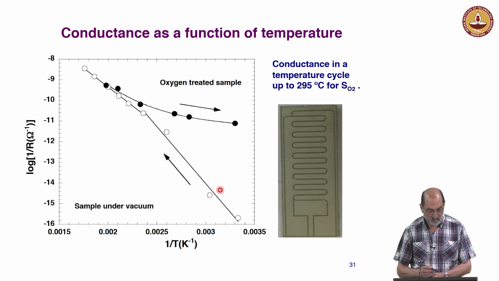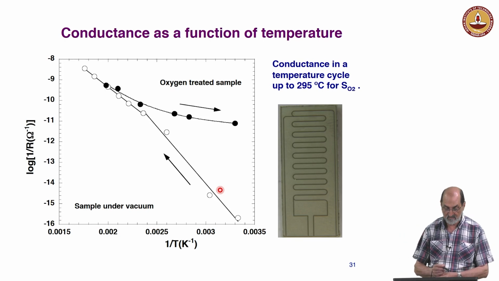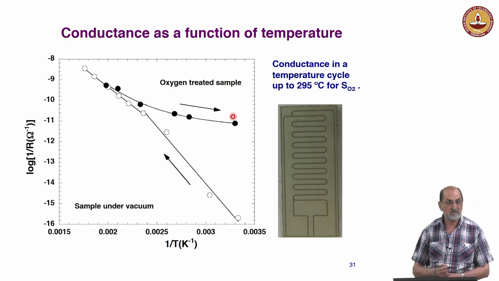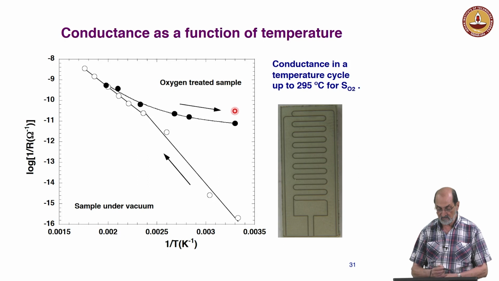This is the sample that was treated in oxygen, and initially what I saw was up to a temperature of about this value, not very high. If we went up to the order of 300 C and come back, see that now it's completely different. It's not reproducible. The result is completely different after the heating and the cooling down.